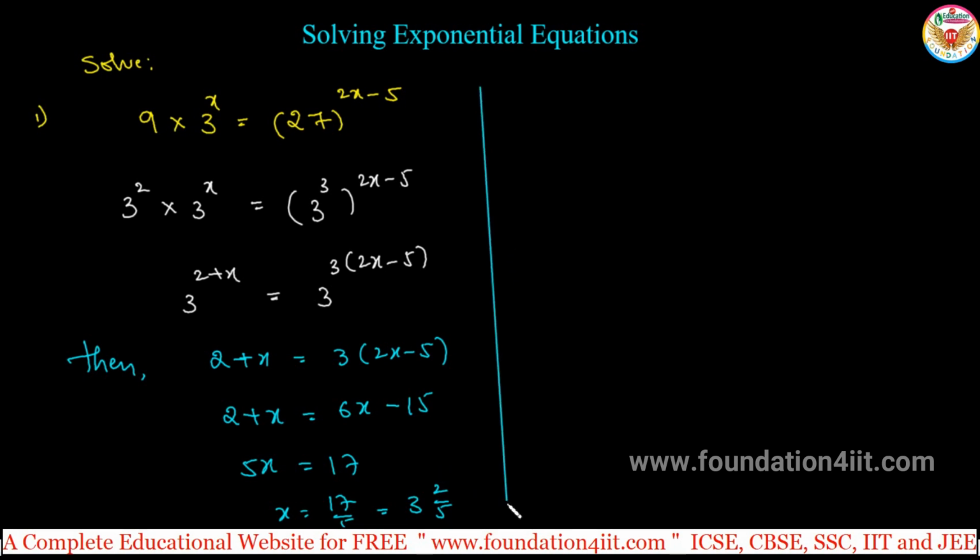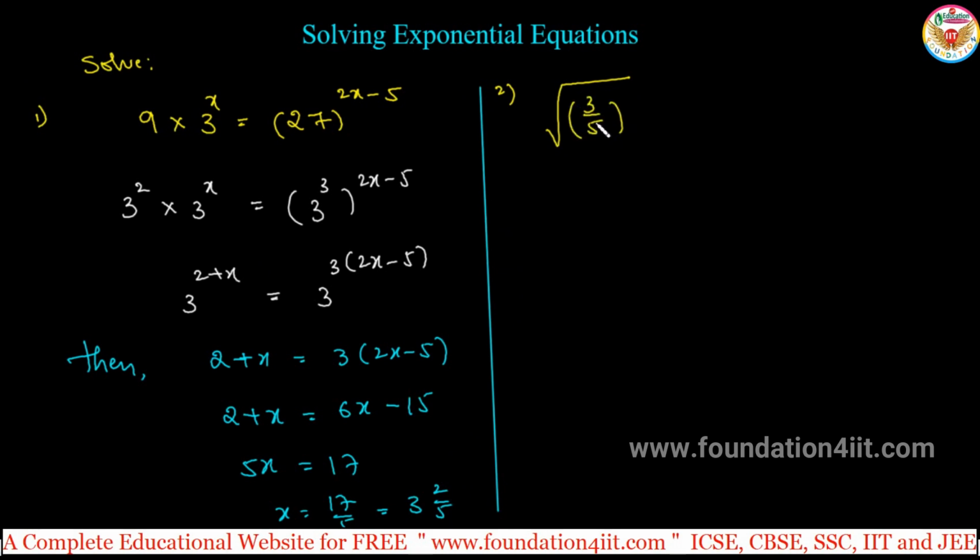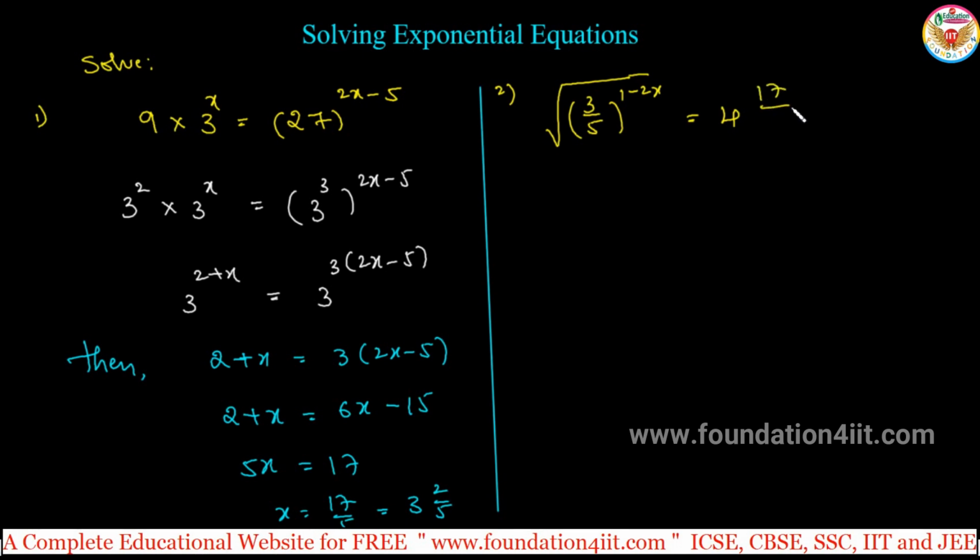This is one type. And one more question you see in the same way: square root of (3/5) whole to the power 1 minus 2x is equal to 4 17/27.